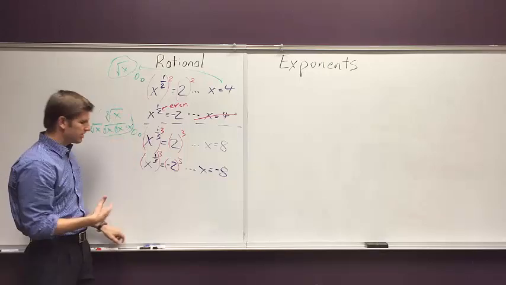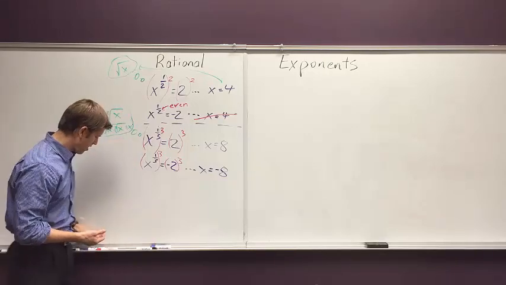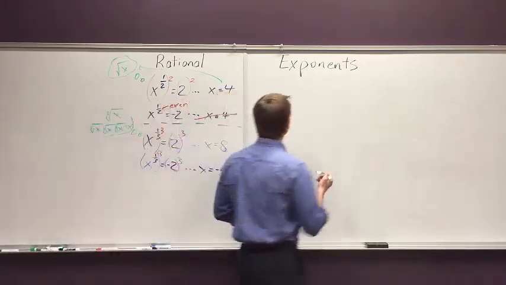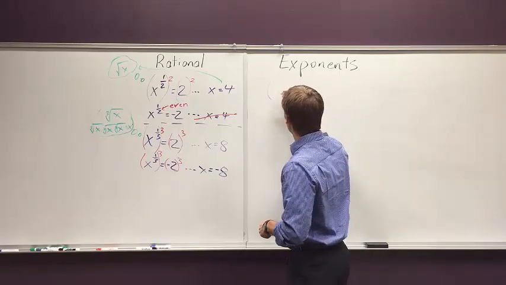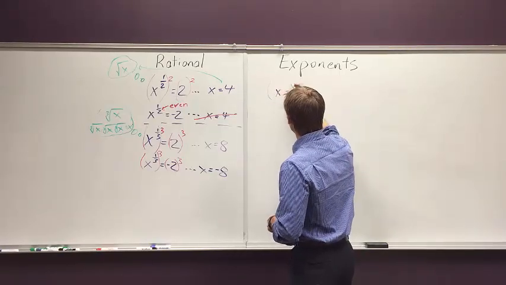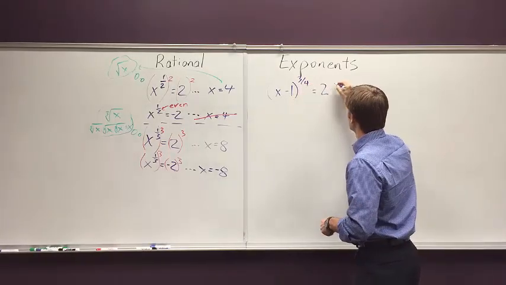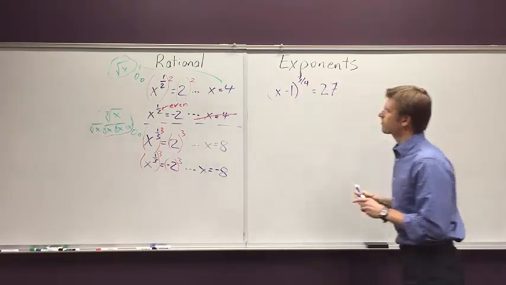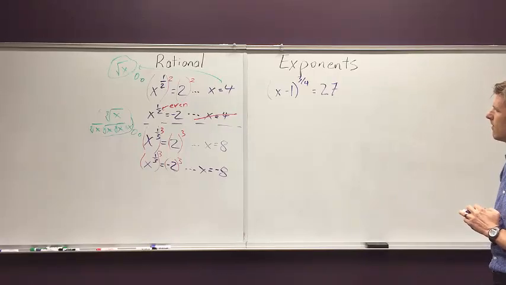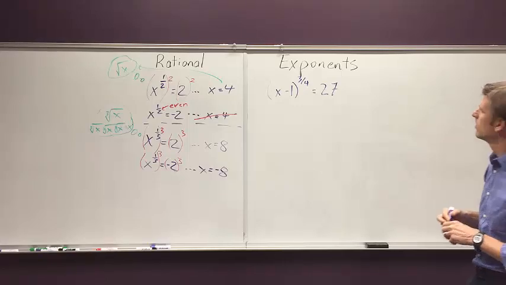And you can put these into other problems that have other pieces. So let's say you have x minus 1 to the 3/4 equals 27. Okay. Let's make sure that I like that problem.